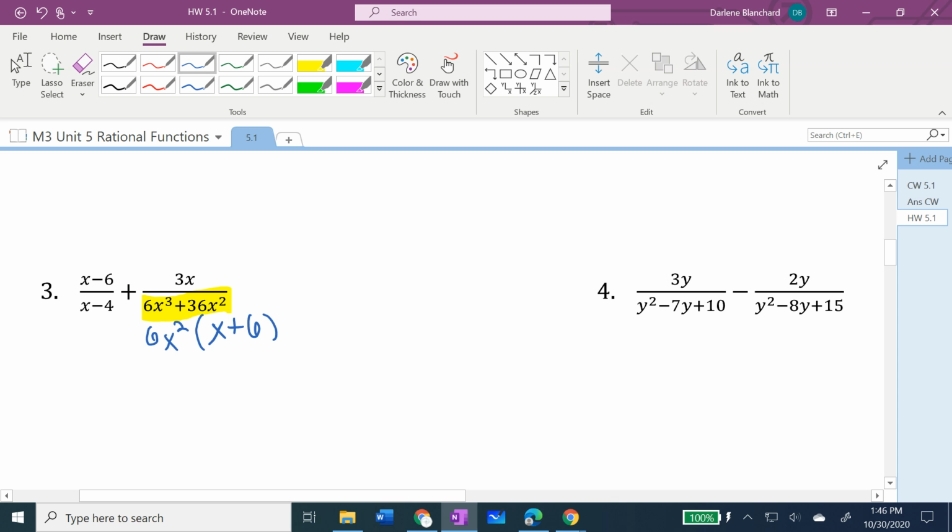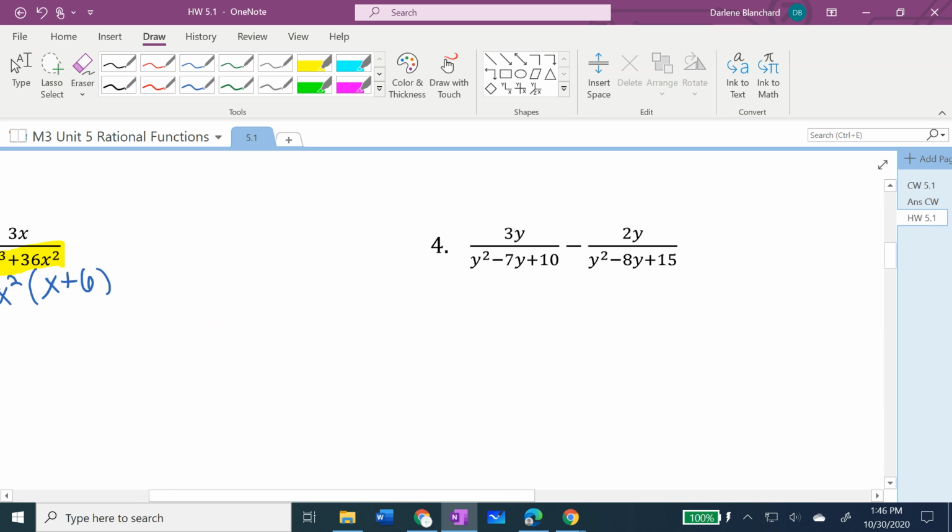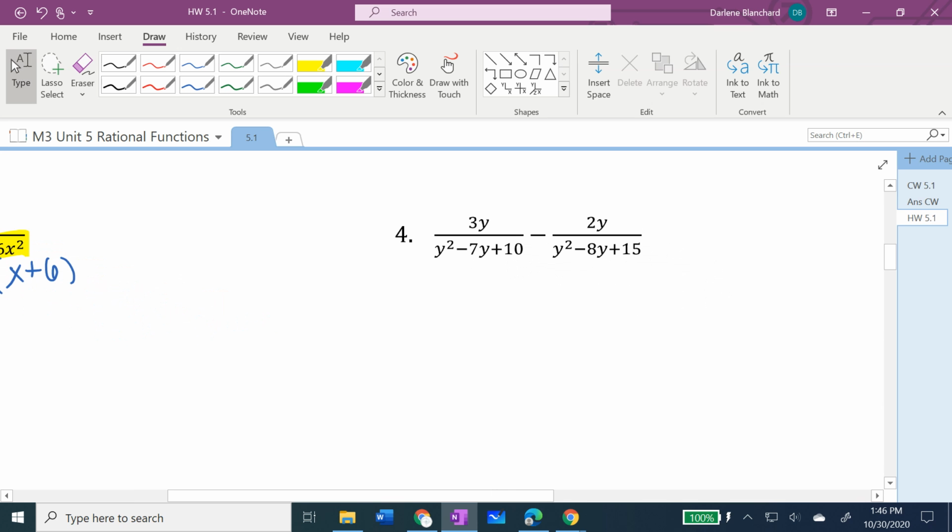And from there, you can move forward with finding the least common denominator. And you know what? We've got time, so I'm going to help you get started on your homework. All right. Can you factor these two?